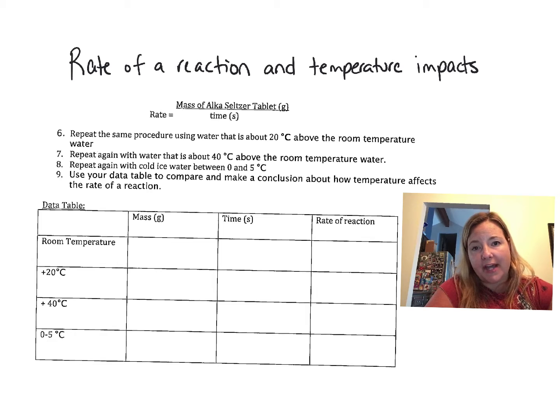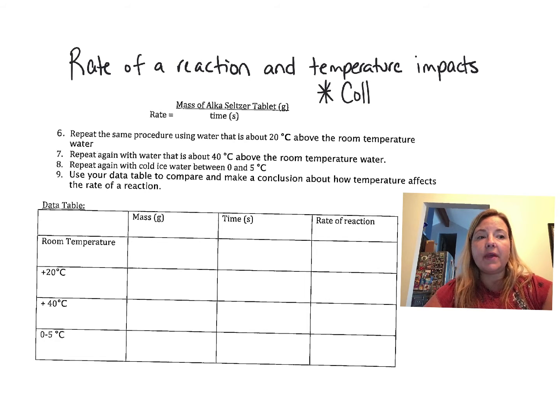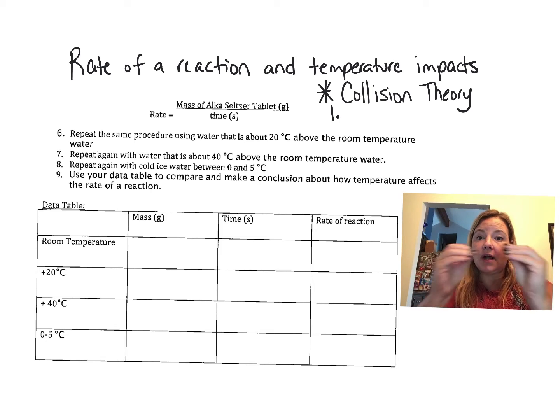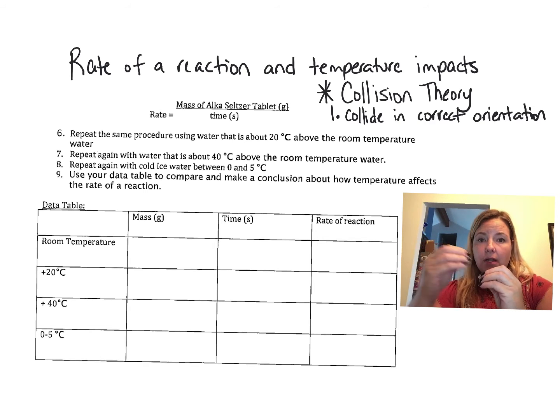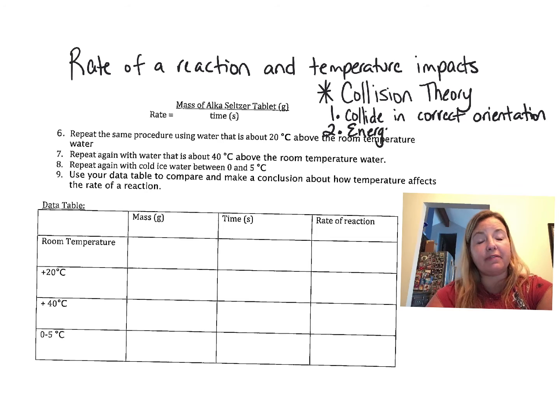If you open up your lab and take a look at this, remember that in order to have a reaction happen, we need to have two things as a part of the collision theory. We need the molecules to collide in the correct orientation, so they collide in a particular way. They also need to collide with the correct amount of energy, so that we get that bond to form between them.